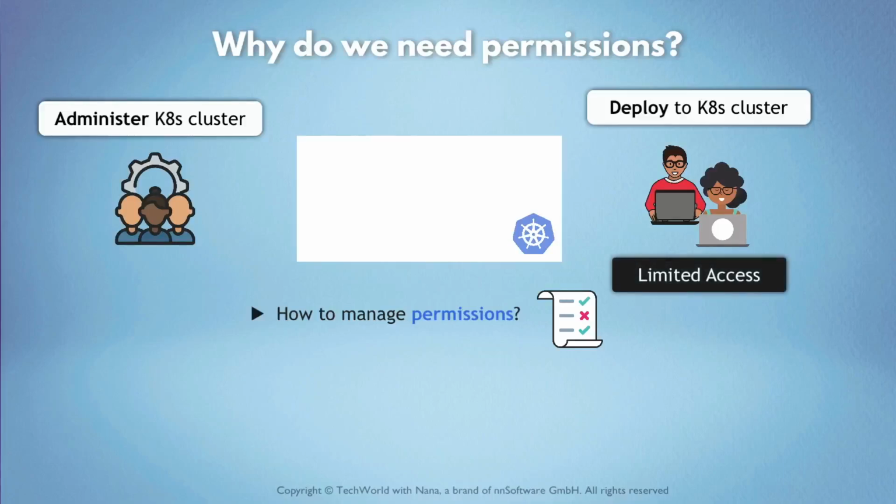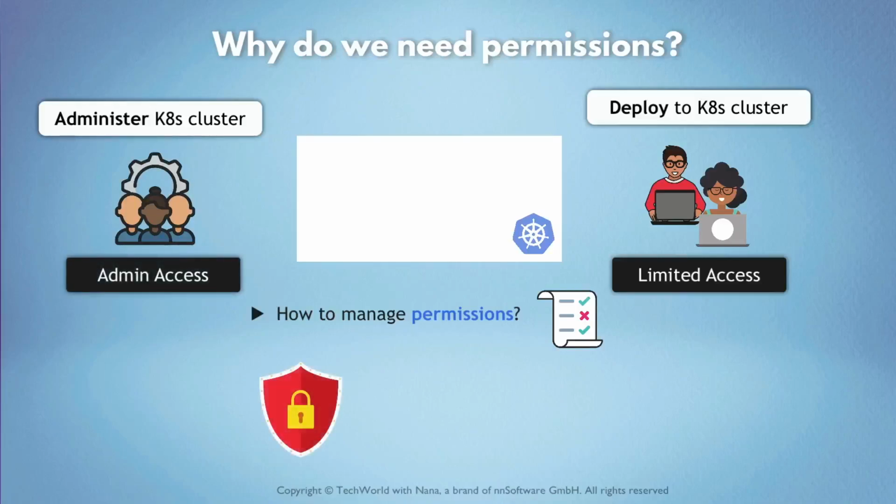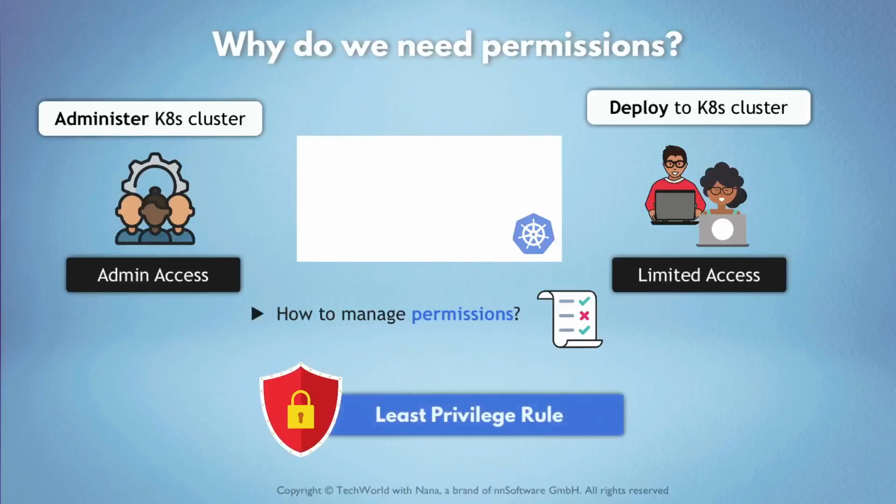Developers should be limited to what they can do in the cluster so that they don't break stuff accidentally, while admins should be able to administer the cluster. In security best practices, we have the least privilege rule, which means we give every user only the permissions they need, not more. So let's start with developers.